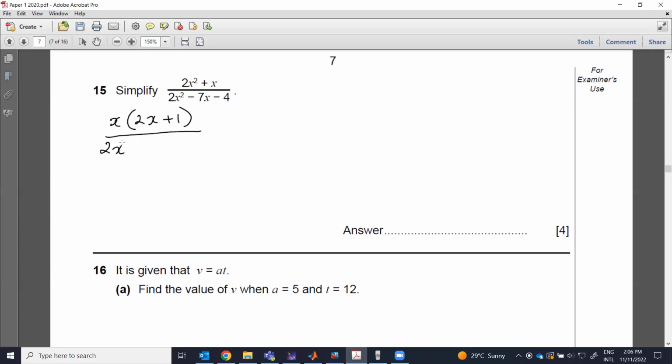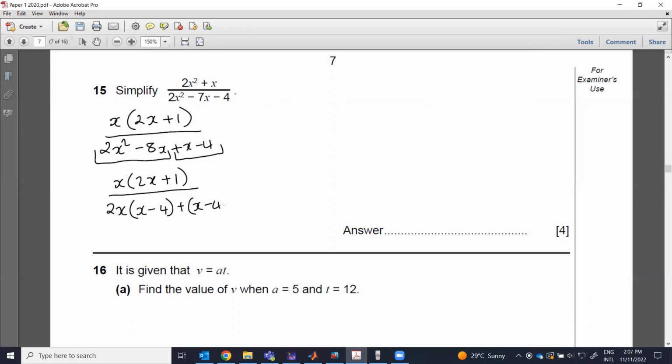So I have 2x squared minus 8x plus x minus 4. And then you factor these two together, those two together. So I have 2x, x minus 4, and then the last two, 1 is a common factor, so like that.